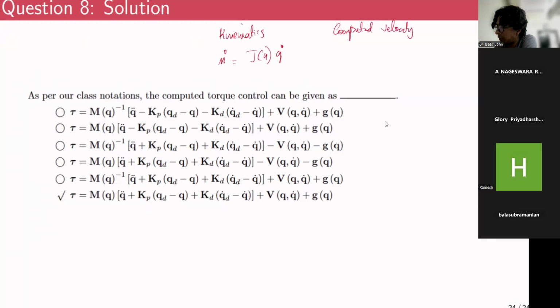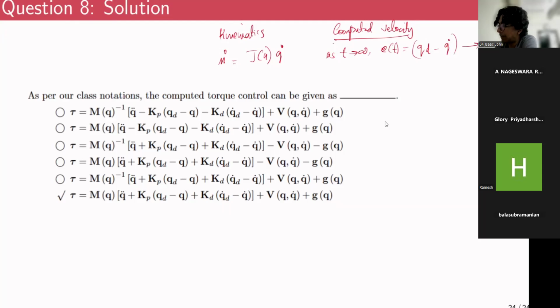our objective would be, as time tends to infinity, the error in position, maybe E of t, which is nothing but the difference between the desired position and the actual position, should tend to 0.